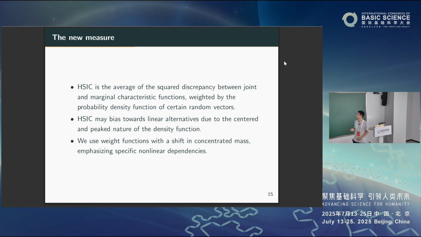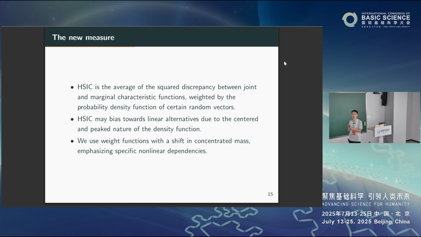As we have demonstrated, the HSIC is biased toward linear alternatives because of the centered and peaked nature of the density function, that is, the weight function has a peak at 0. So how do we enhance the sensitivity of the HSIC to nonlinear dependence? This is quite easy.